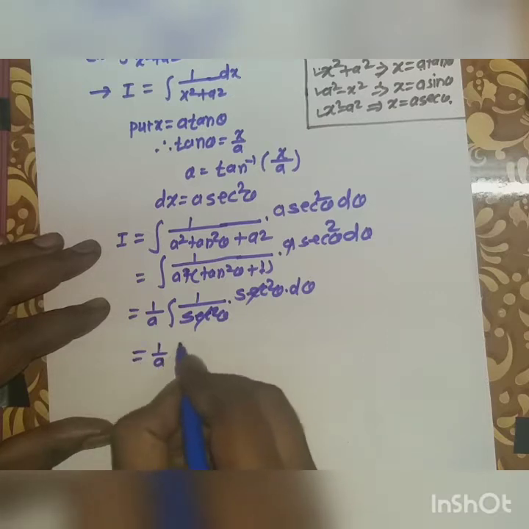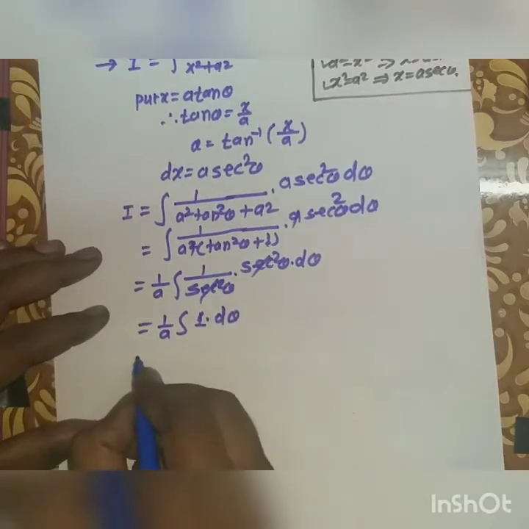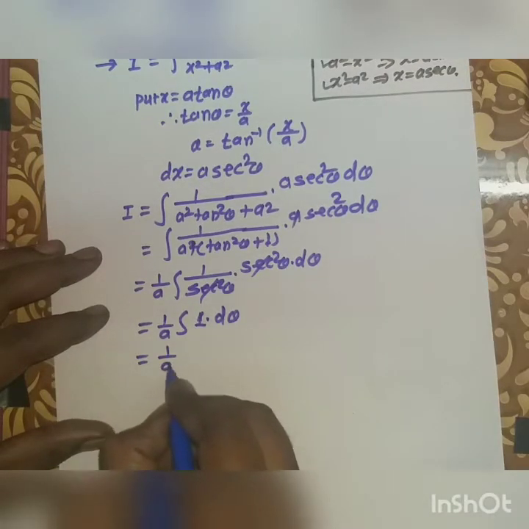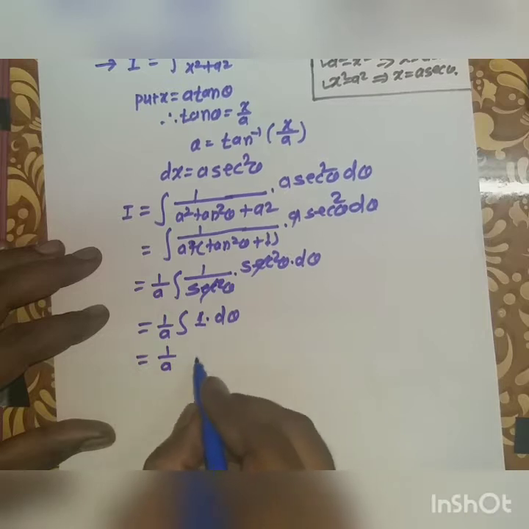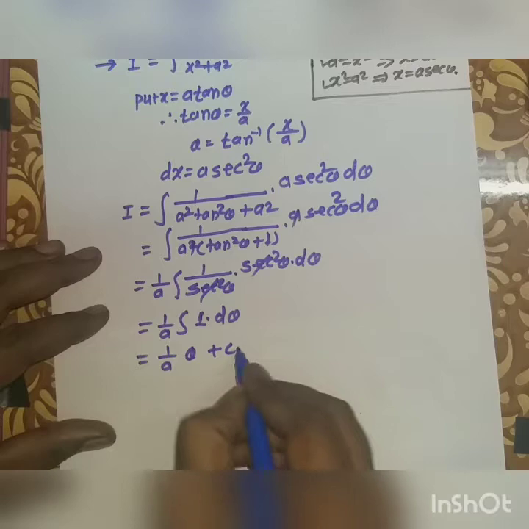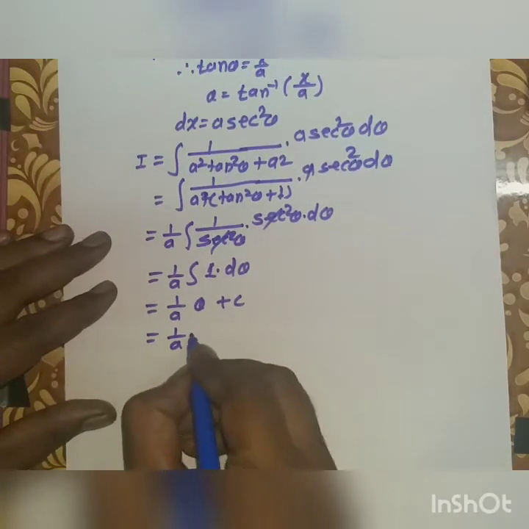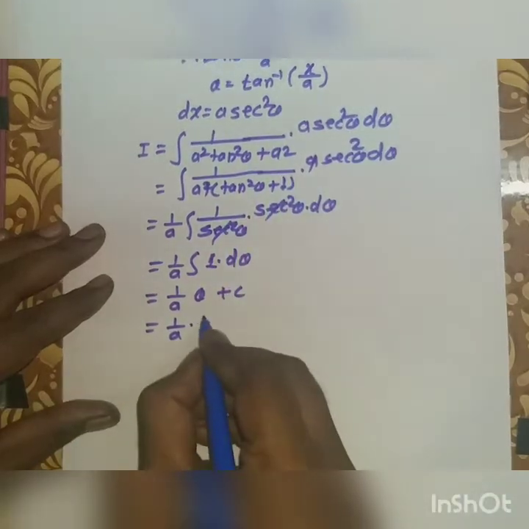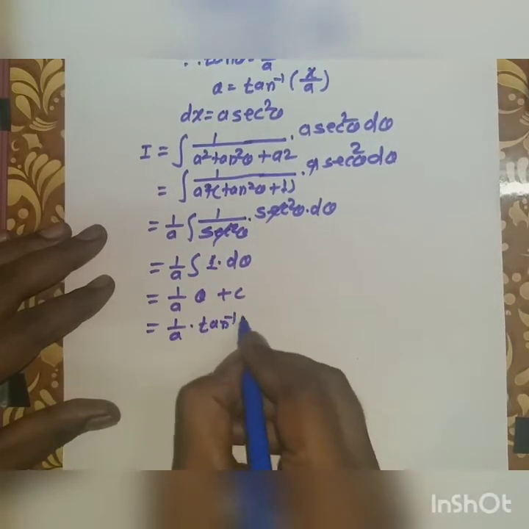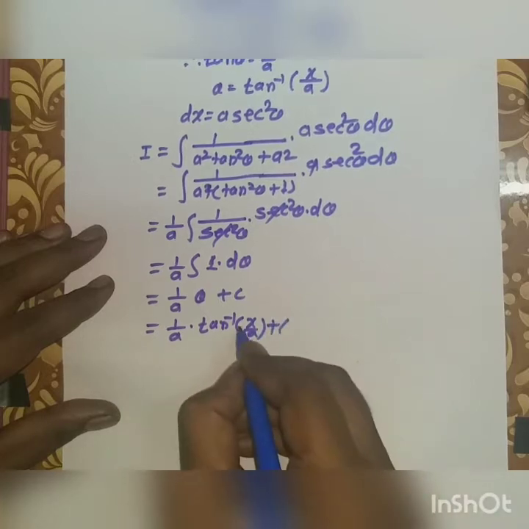1 by a, integration of 1 d theta is equal to 1 by a, the integration of 1 with respect to theta is theta plus c, is equal to 1 by a into the value of theta, tan inverse of x divided by a plus c.